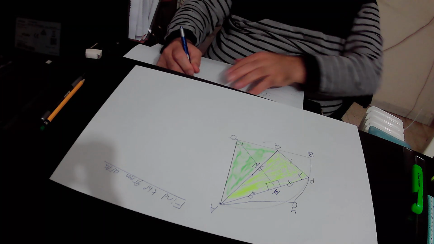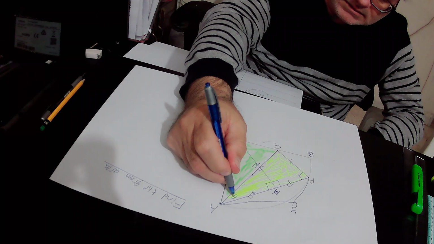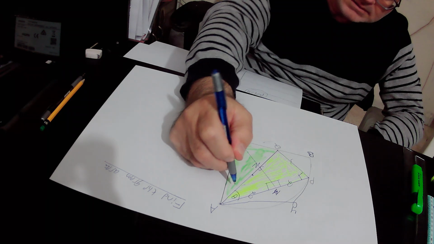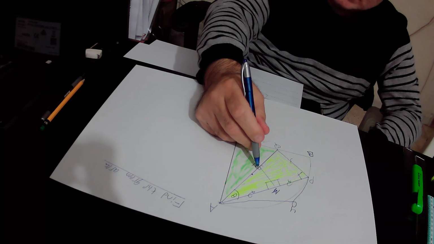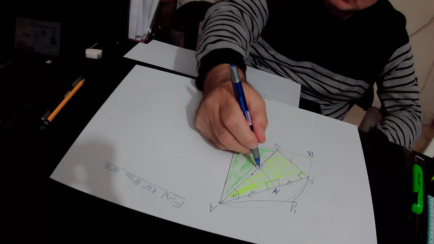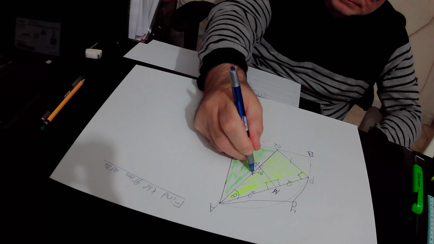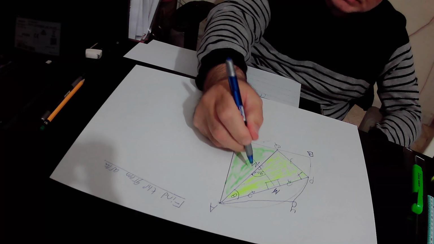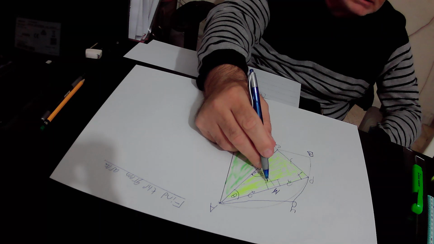We define angle PAB, this angle, as theta. Therefore, the missing angle, this angle, must be equal to 90 degrees minus theta. Why? Because 90 degrees minus theta plus theta is 90 degrees, and 90 degrees plus 90 degrees is 180 degrees.